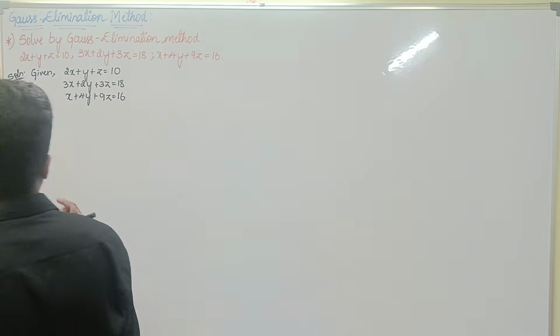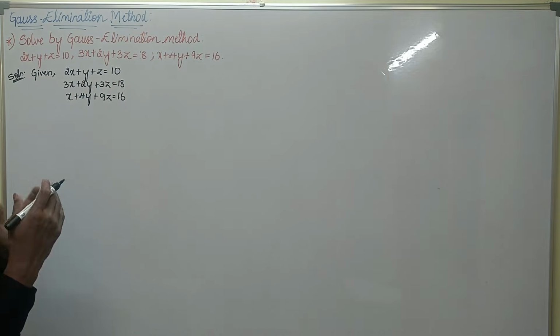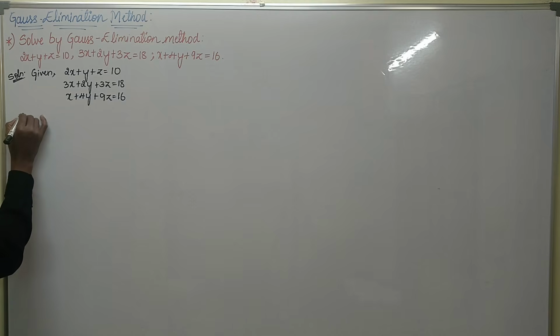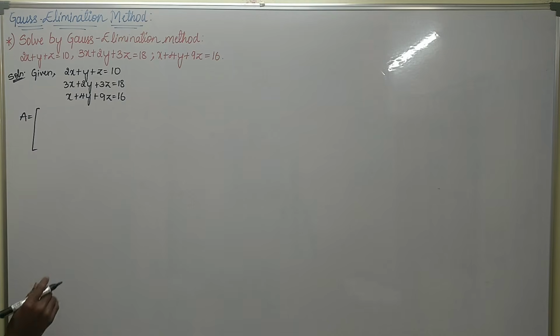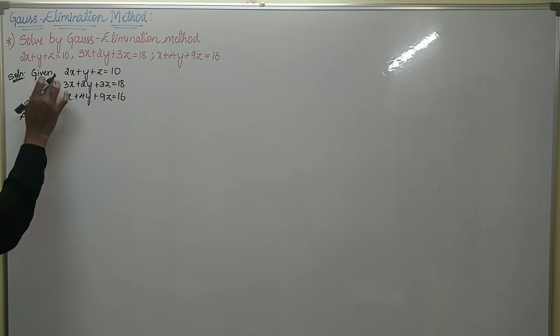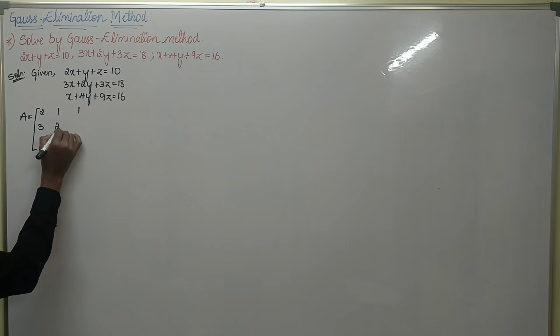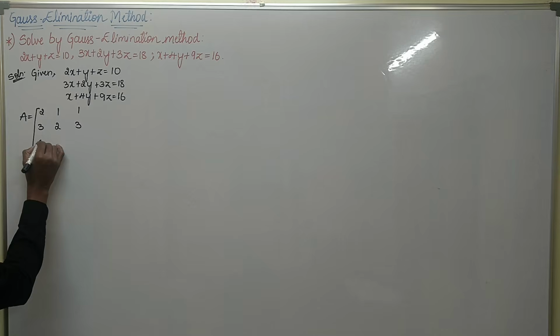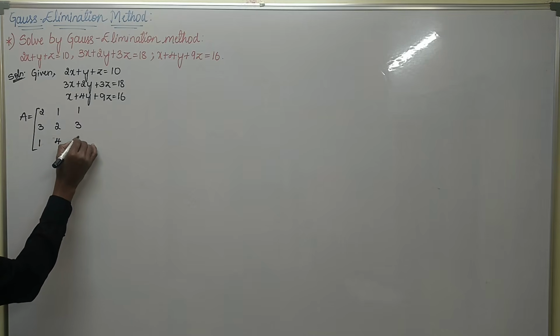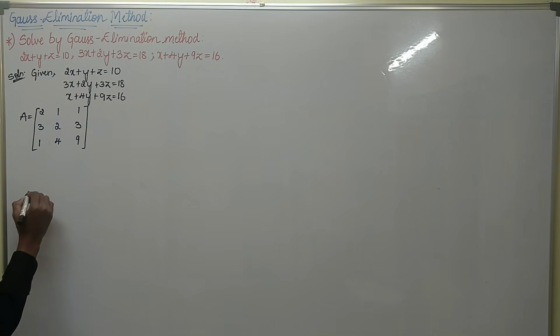Now let us represent this in matrix form. What does A represent? A represents the coefficients of the LHS part, that is 2, 1, 1, 3, 2, 3, 1, 4, 9. These are the coefficients.